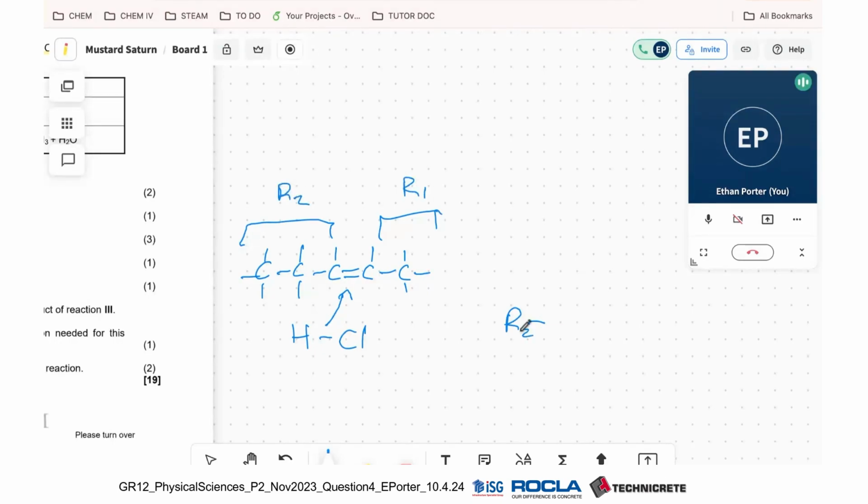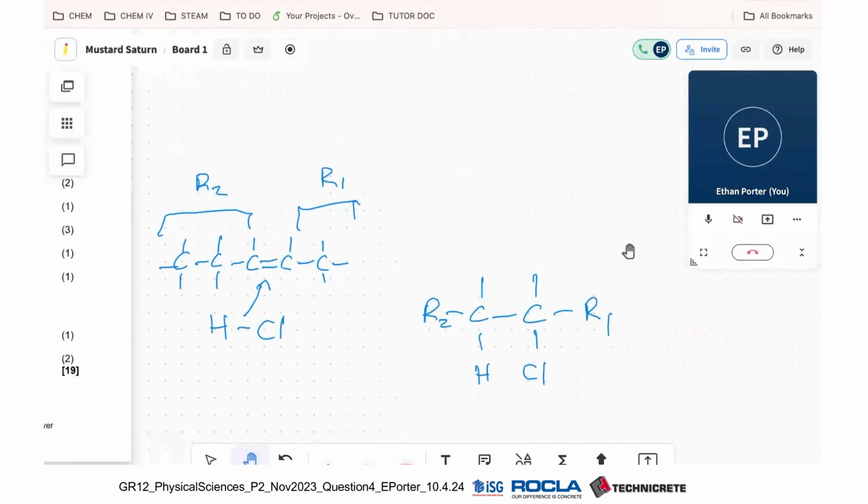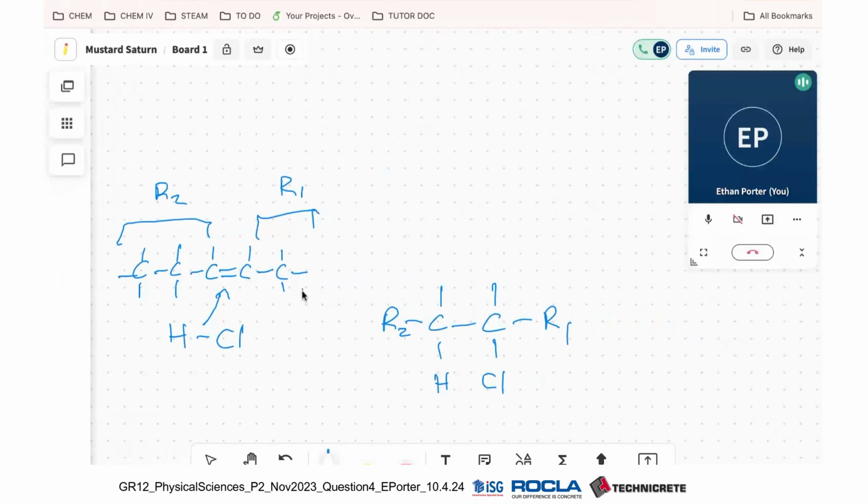So call that R2. So it can add this way. This becomes a single bond on the same side. So HCl is added on the same side. Or it can add on different sides.